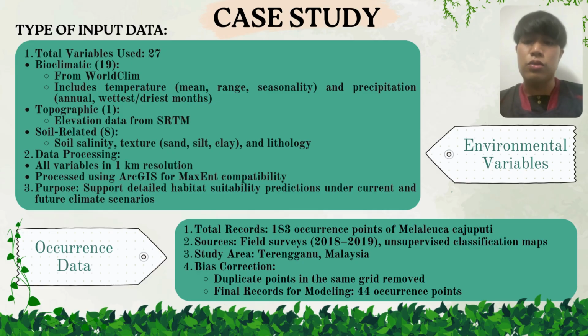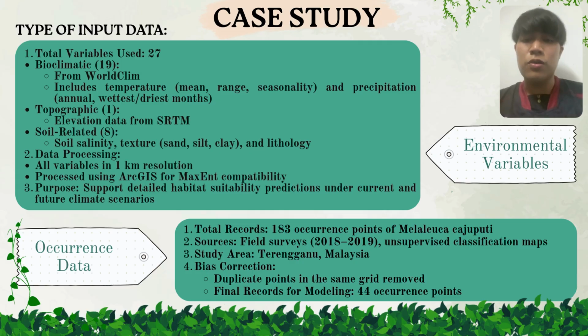In addition to the occurrence data, 27 environmental variables were selected based on their potential influence on habitat suitability. This includes 19 bioclimatic variables from the WorldClim database, such as annual mean temperature, precipitation patterns, and temperature seasonality, topography data from the SRTM dataset, and 8 soil-related variables.